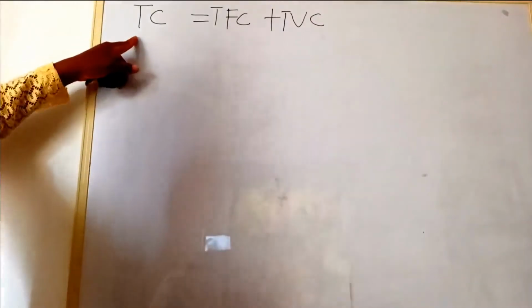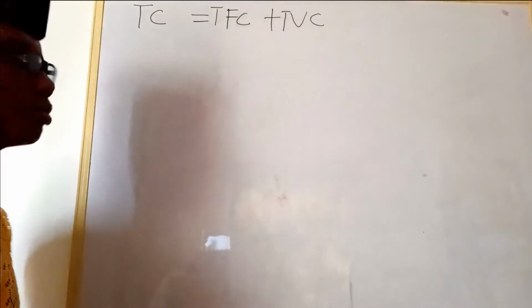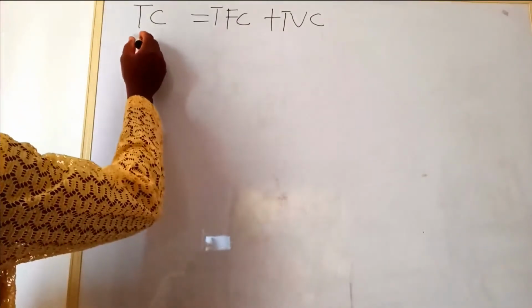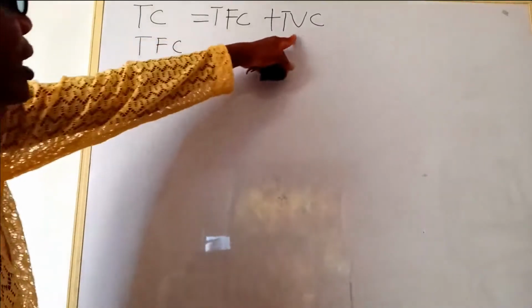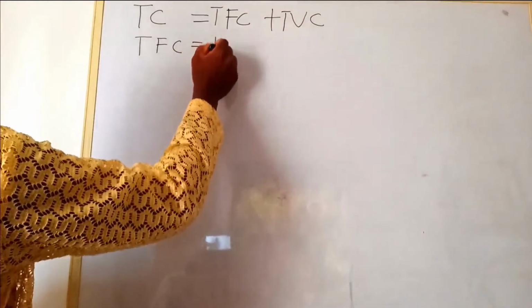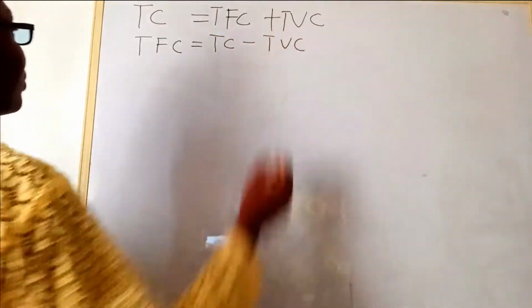So total cost equals total fixed cost plus total variable cost. Total fixed cost on this hand will now become what? You just bring this over, the equality sign becomes negative. It is total cost minus total variable cost.